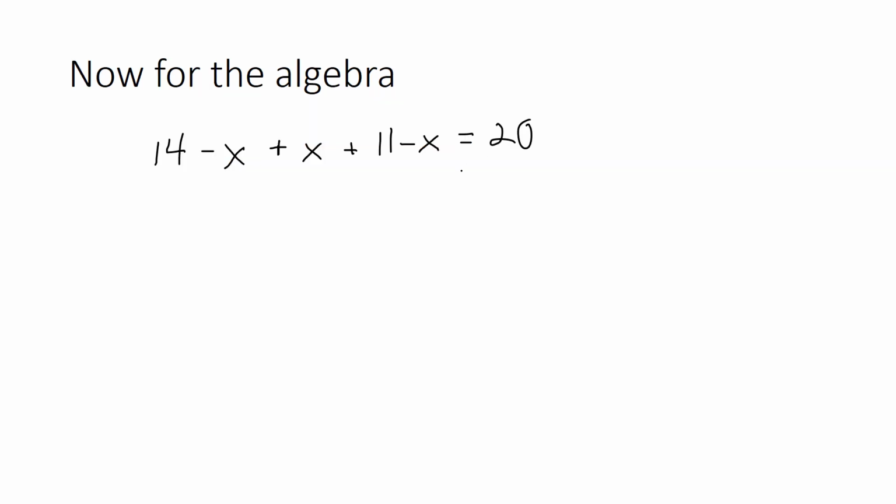Got this expression built. I'm just going to rearrange everything so I've got all of my constants and all of my variables next to each other, just to make this a bit easier. 14 plus 11, those are my constants, here and here. And then I've got my variables kicking around.